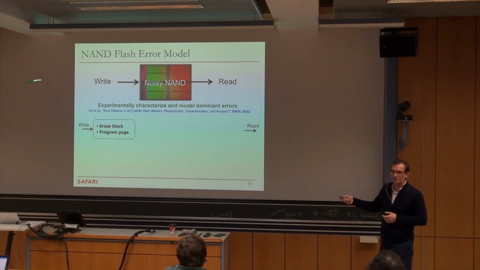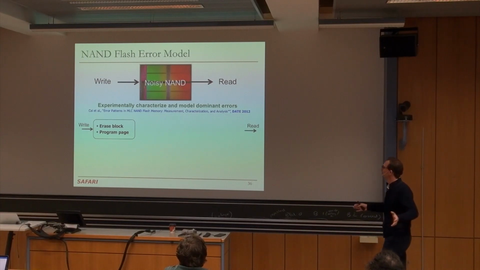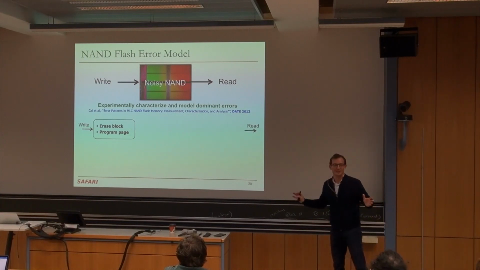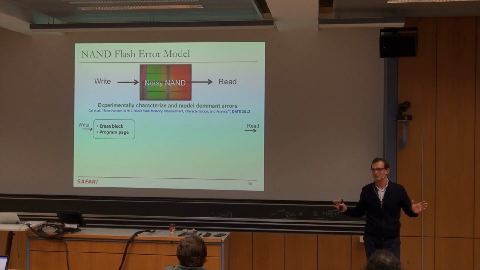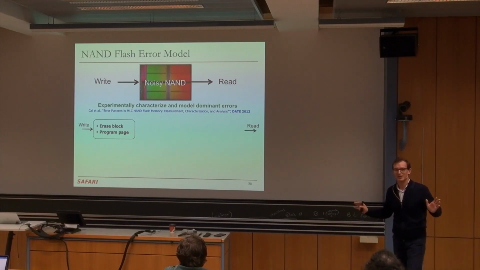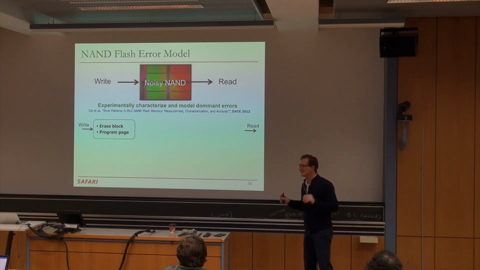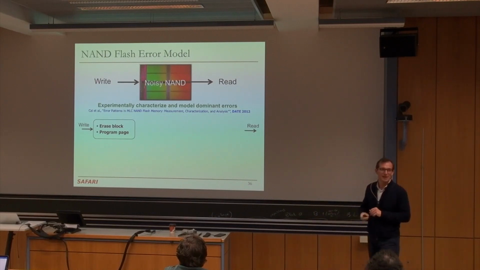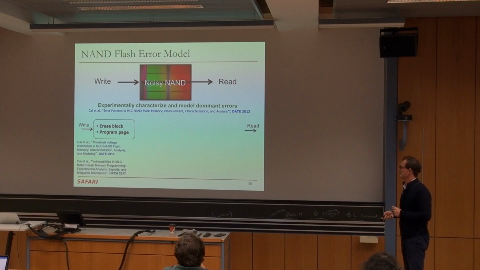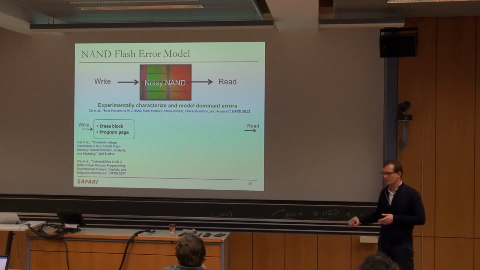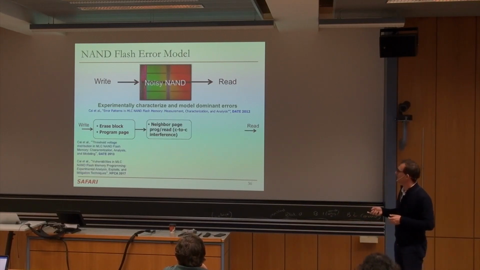And you get errors in both. Whenever you're erasing a block, erase is not a complete clean erase, because you get errors. There is no erase that's error-free in flash. That's the beautiful technology, unfortunately. And then you program a page, you get errors. You actually inject errors into others. So we're going to talk about some of the errors that we characterized.